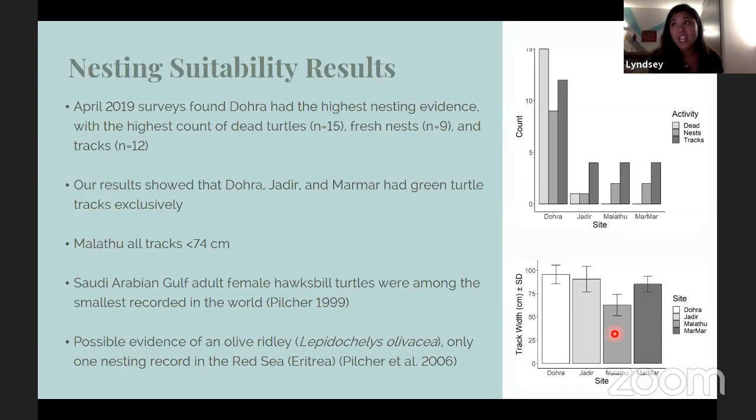So there is a chance that it could have been an olive Ridley, which I mentioned earlier. There's only one previous record of them nesting in the Red Sea. So I really hope that once Corona is over, we can go back down to this region and start studying these sites more to figure out what species are nesting out there, because that's really important for us to know.